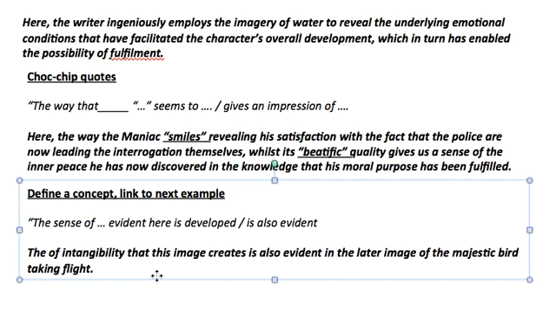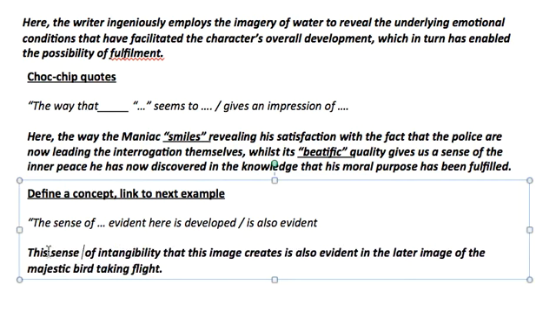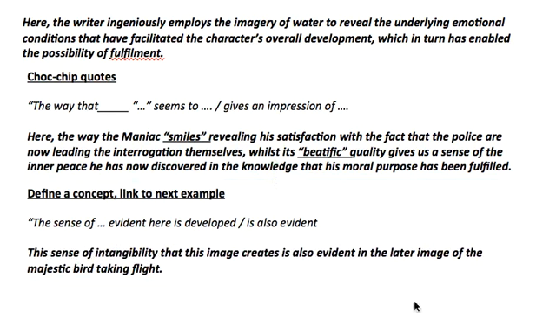Define what's in the previous quote, say how it's developed later. This sense of intangibility that this image creates is also evident in the later image of the majestic bird taking flight. So there we've got an example from one of the Dickinson poems that we looked at previously.